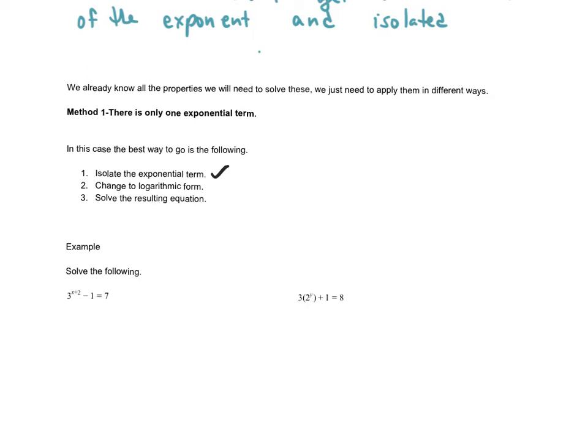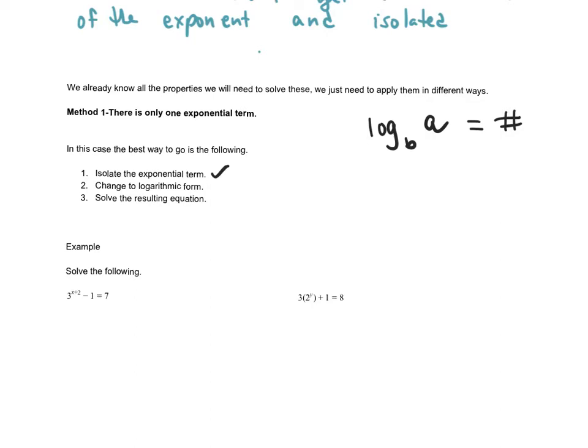And then we'll simply change to logarithmic form. Once you change to logarithmic form, you will be able to solve the resulting equation. Because remember, if I ever have log of any base of any number with no variables, this is just some number. Some number that our calculator can find, or you could find, if it's a nice number, just with yourself.